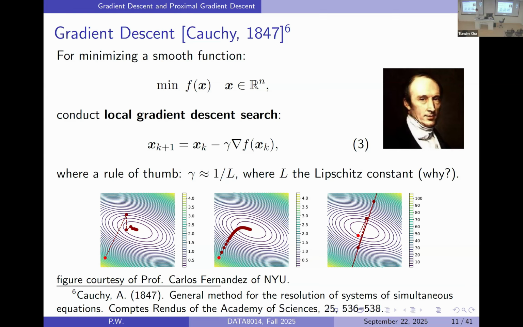If gamma is very large, the iterates will oscillate around the global minimizer. If gamma is very, very small, we move very slowly to the global minimizer. If gamma is properly chosen, we can move very quickly to the global minimum using gradient descent.